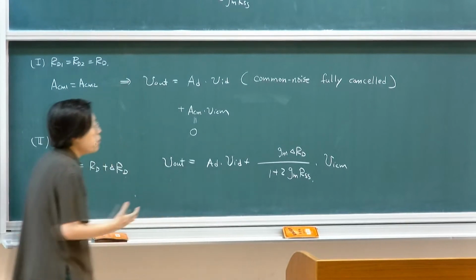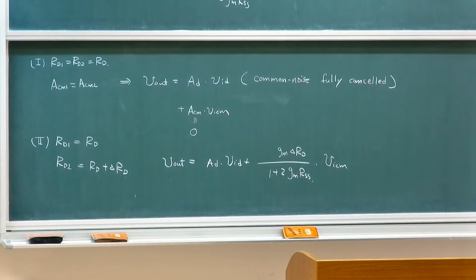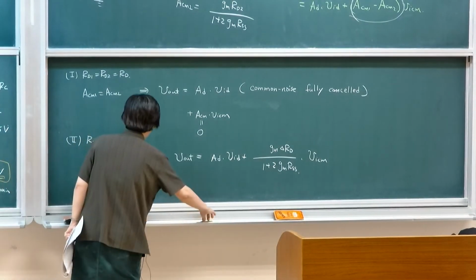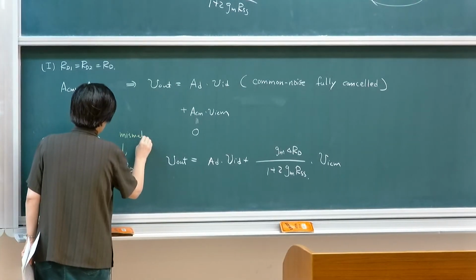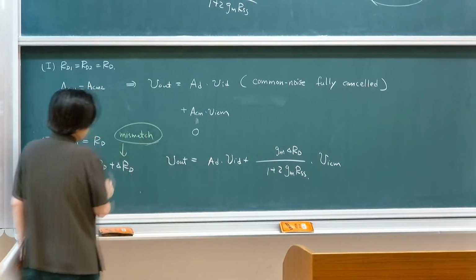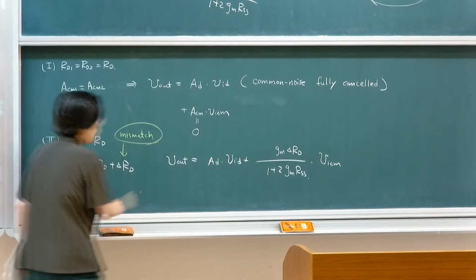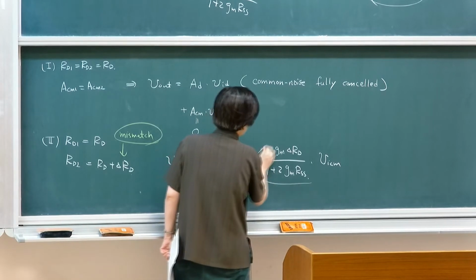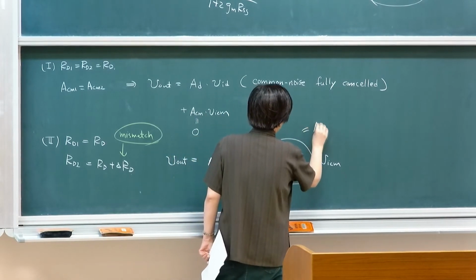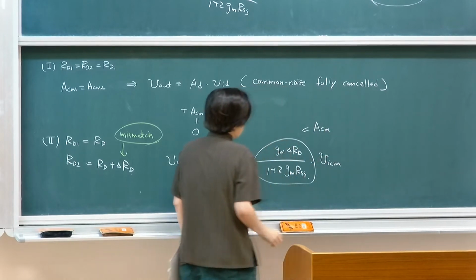So that is to say, even though I'm doing a fully differential architecture, I'm assuming that if they're identical, they can cancel. But if there's some mismatch that slips in, this is typically referred to as a mismatch that actually occurred in your circuit. Then this will come into your circuit to cause a non-zero common mode gain.